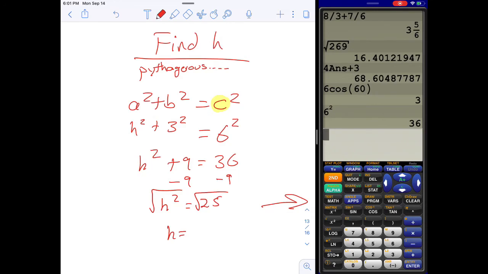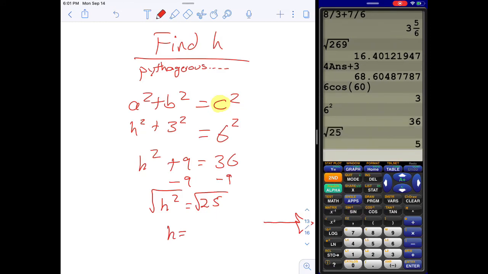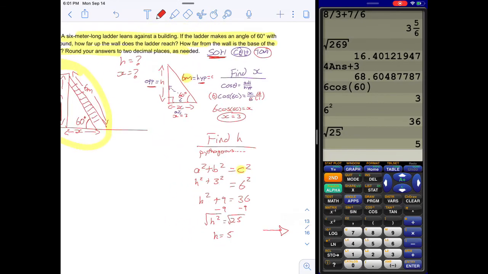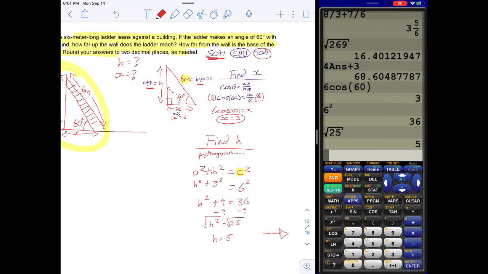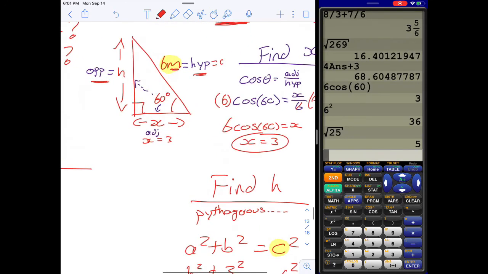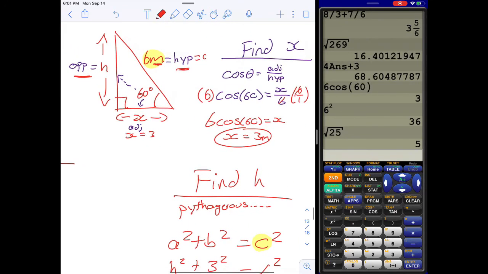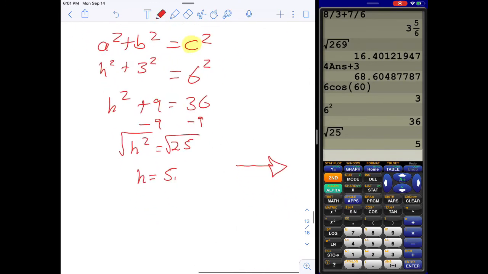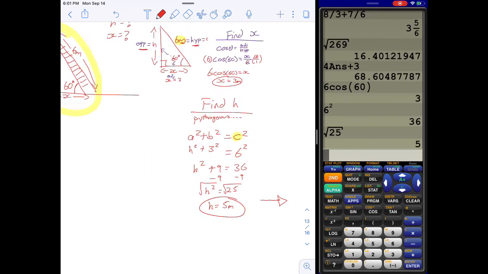You square root using your second button, because squaring is found right where the x squared button is, but it's in yellow. So yellow button squared, 25, and hopefully you know that's 5. Now what's the units here? The units would be meters. So this actually should have been given meters there. So 3 meters, and height is 5 meters.